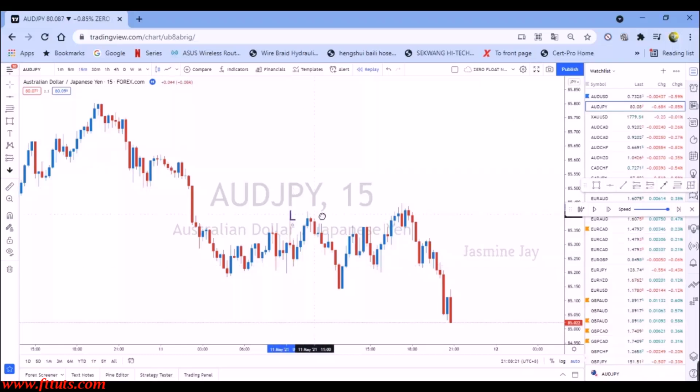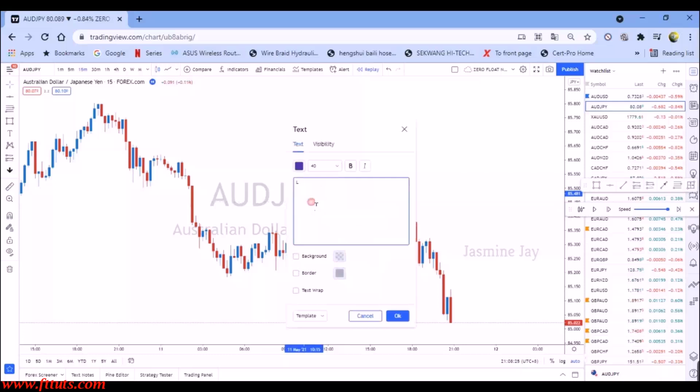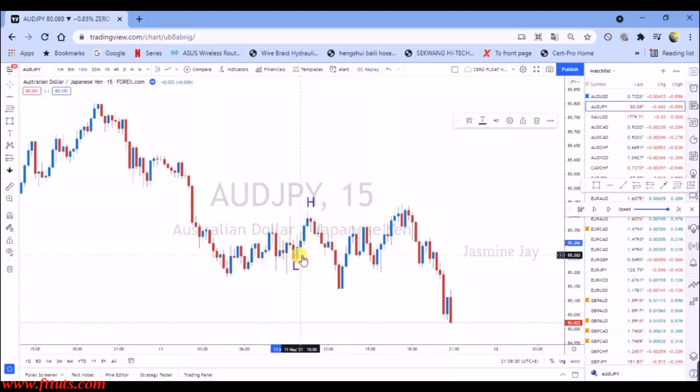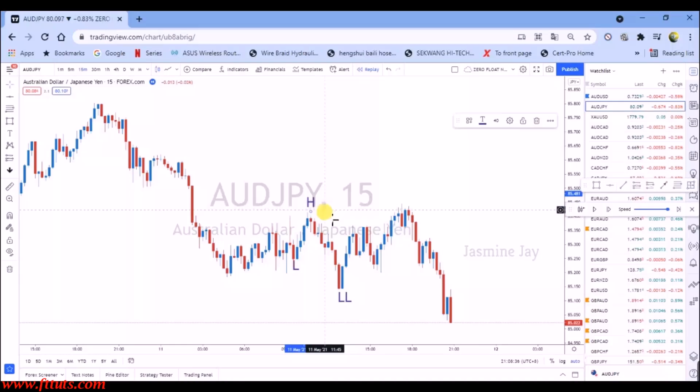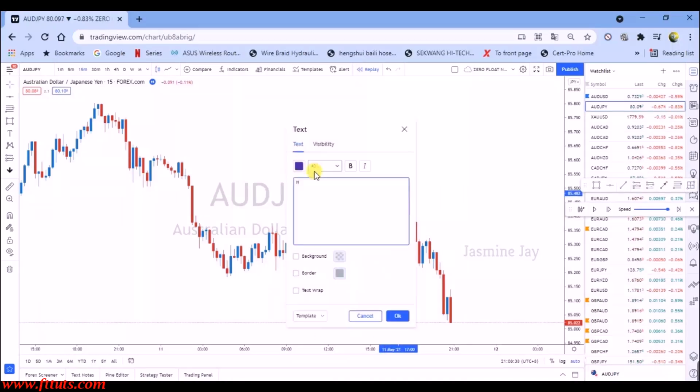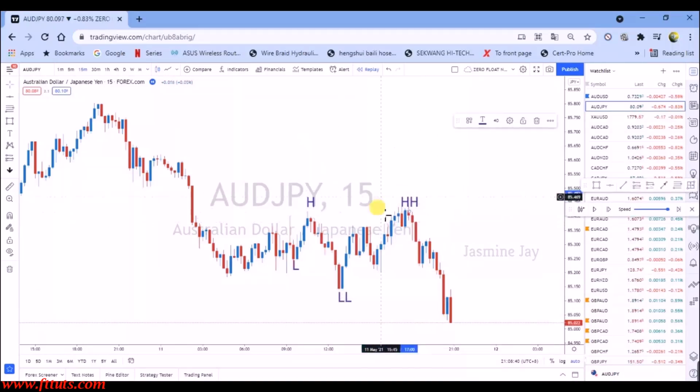This is the low. High. Lower low. This is the higher high. So price was supposed to react to this area and then continue to go upward.